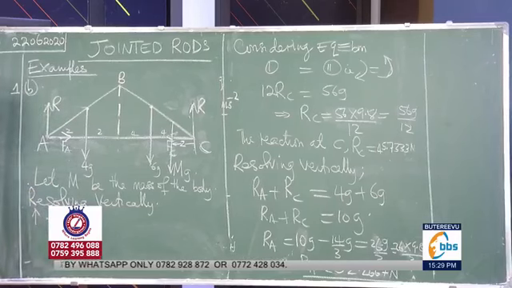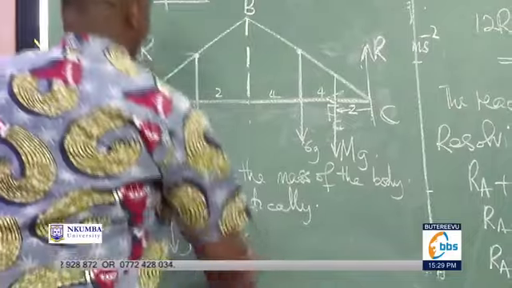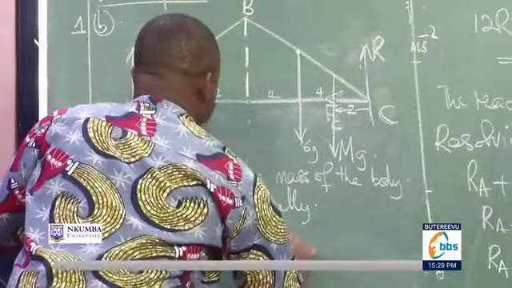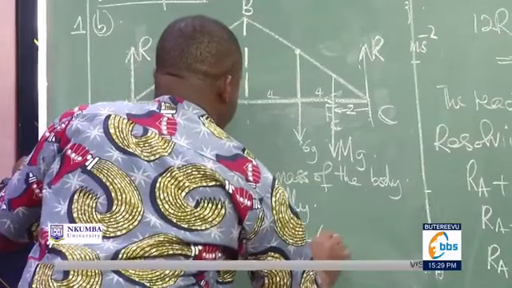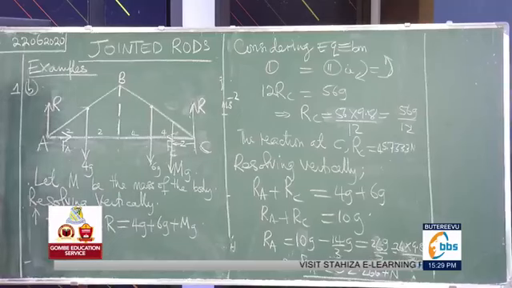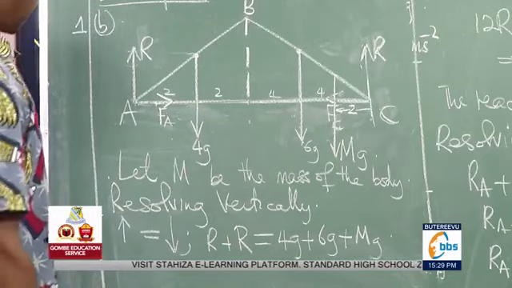This implies that R plus R, these two, in equilibrium, should be equal to 4G plus 6G plus mg, because the weight of this mass is mg. So when we get m, it is going to be in kilograms.